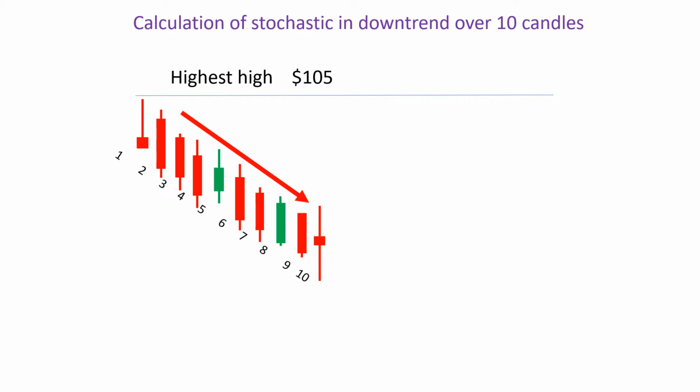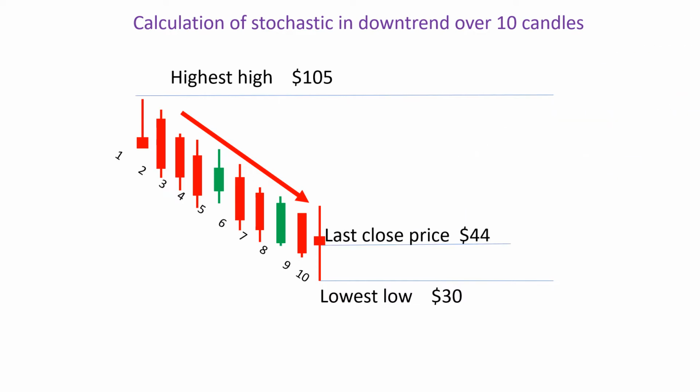Let's assume the highest high value of these 10 candles is $105, the lowest low value of these 10 candles is $30, and the last close price is $44. Now if we deduct the highest high minus the lowest low, you get 75, and if you deduct the last close price minus the lowest low, you get $14.